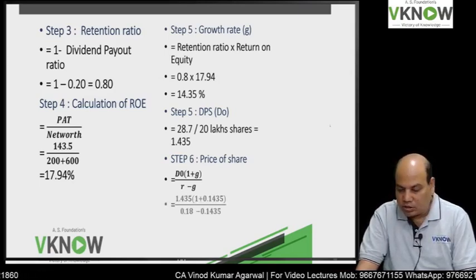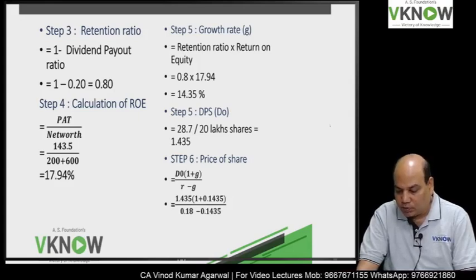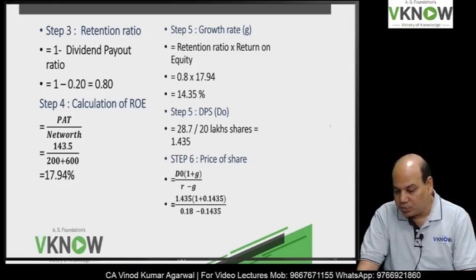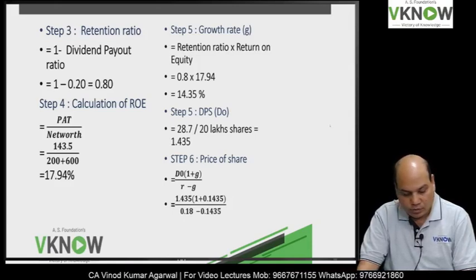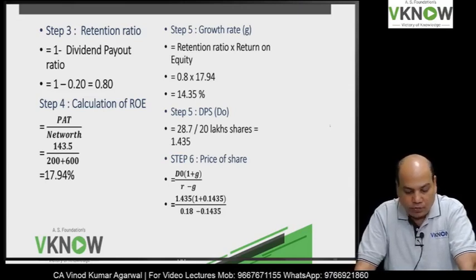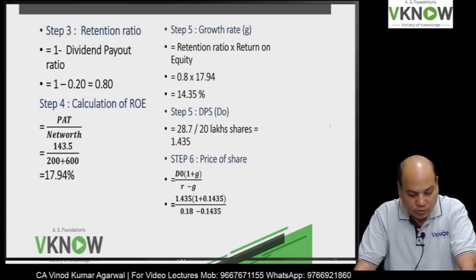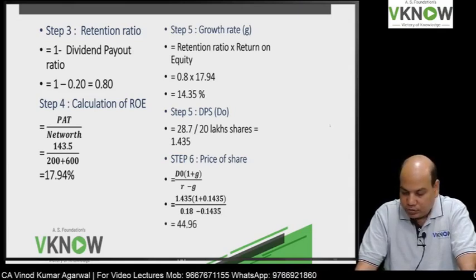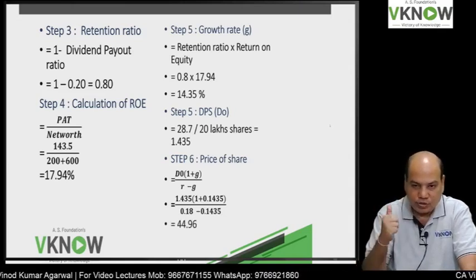Who will give me the answer? D0 is 1.435 into 1 plus growth rate, 0.1435, divided by 0.18 minus 0.1435. One student Prachi has already answered 44.96. Yes, you are right.